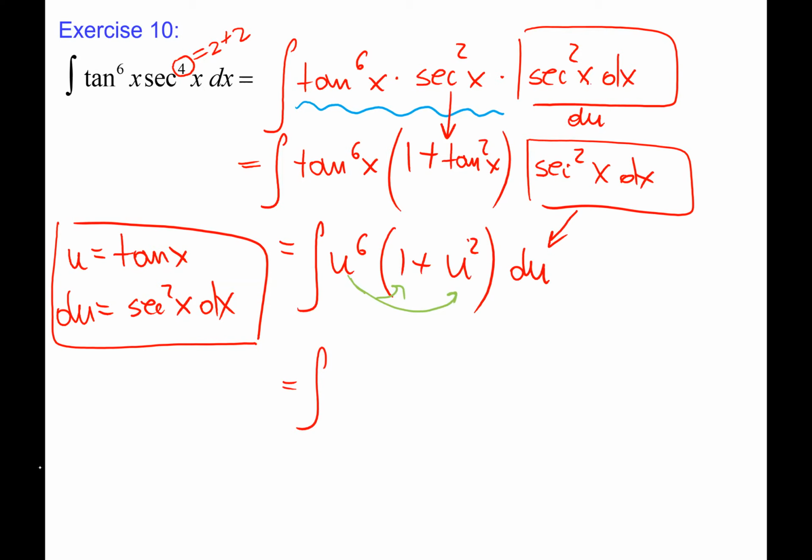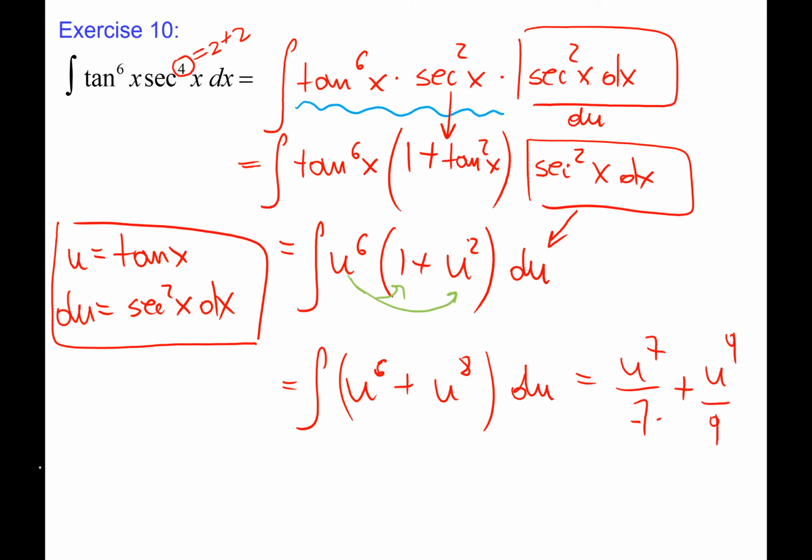I mean, integration by parts is kind of like a product rule for integration. So u to the power of 6 plus u to the power of 8, adding the exponents. Then u to the power of 7 over 7, u to the power of 9 over 9.